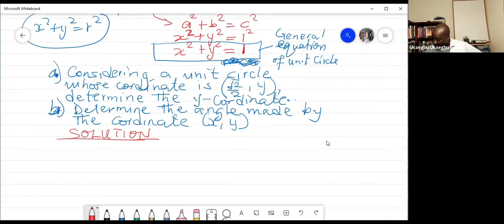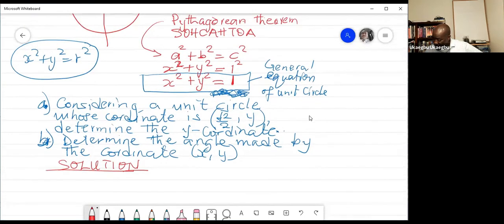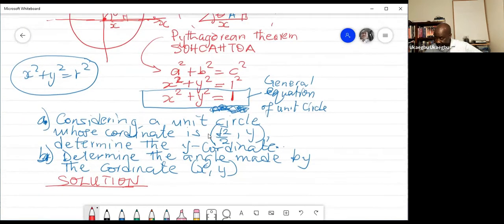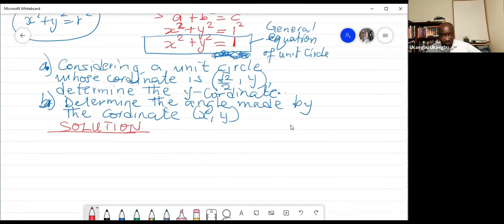All right. So now you can see what the general equation of a unit circle formula is. This is basically Pythagorean theorem. So that's what we are going to use.